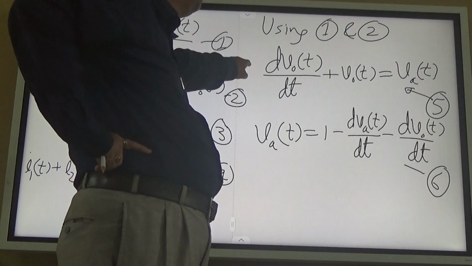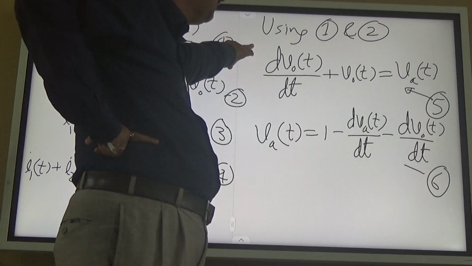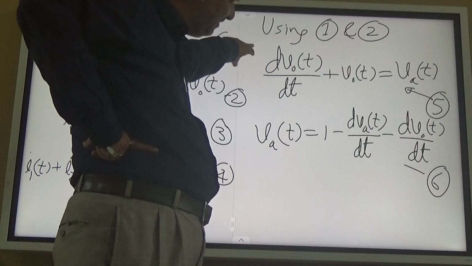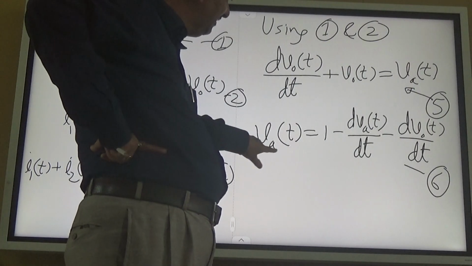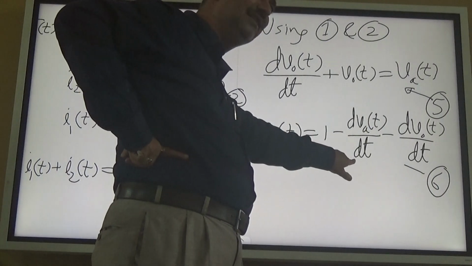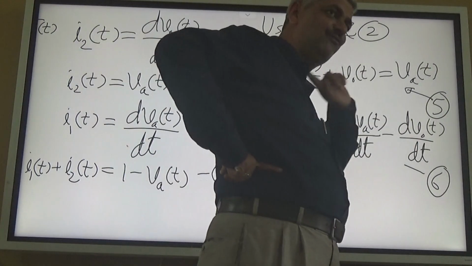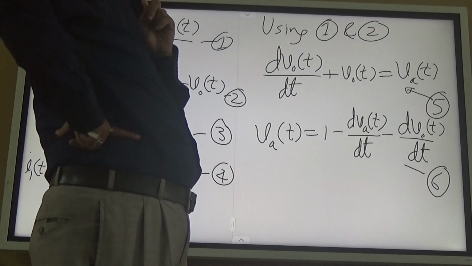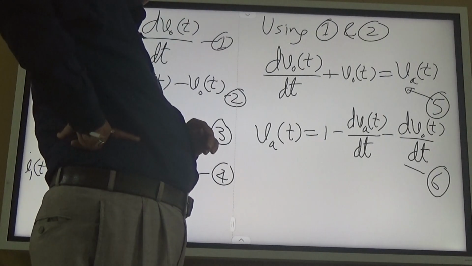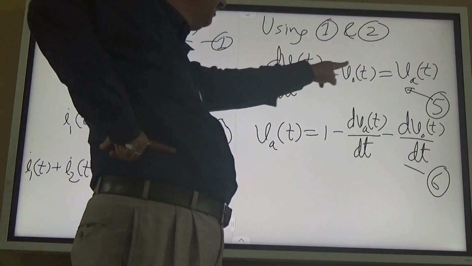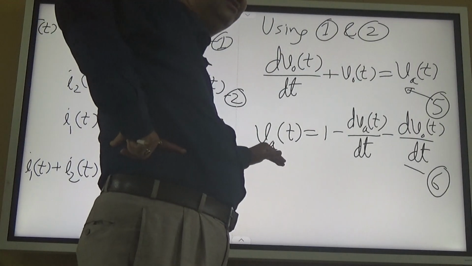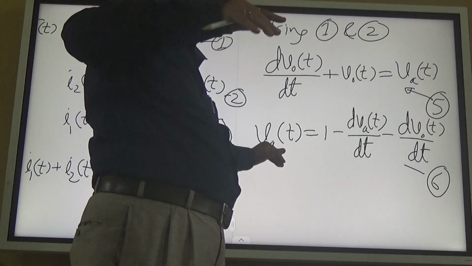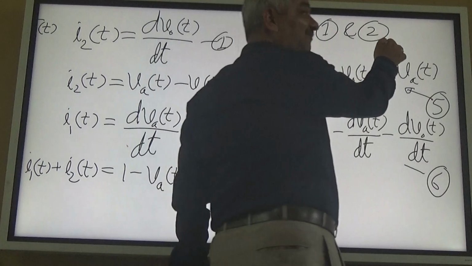Equation 5 contains VOT, its differentials and VAT. Equation 6 contains VAT, its differential and differential of VOT. So now what do we do? You know what VAT is. You can put it on this side, but still dVAT by dt remains. So what will you do? Differentiate 5.